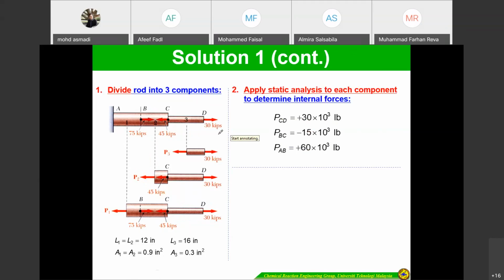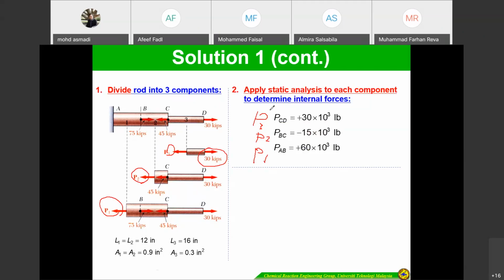So PCD, this one is P3, using the method of section. PBC is P2, and PAB is P1, just opposite direction. So if you look at here, this one is similarly negative.